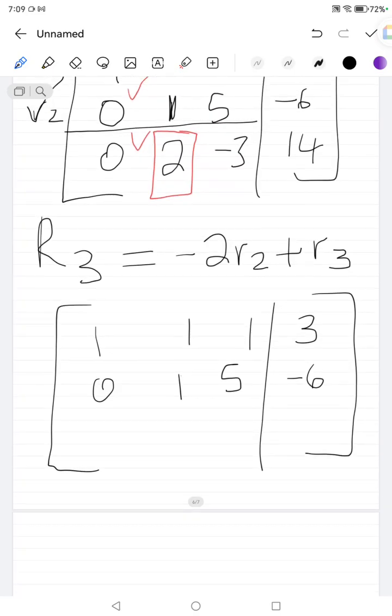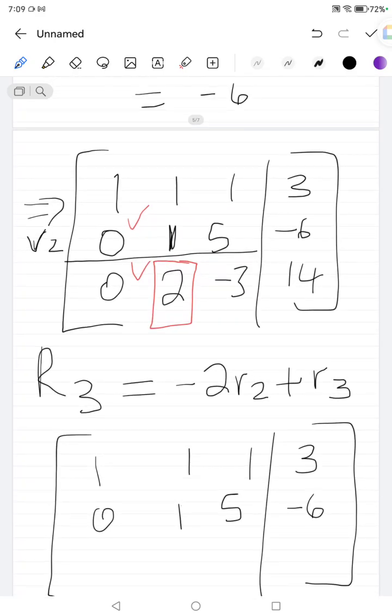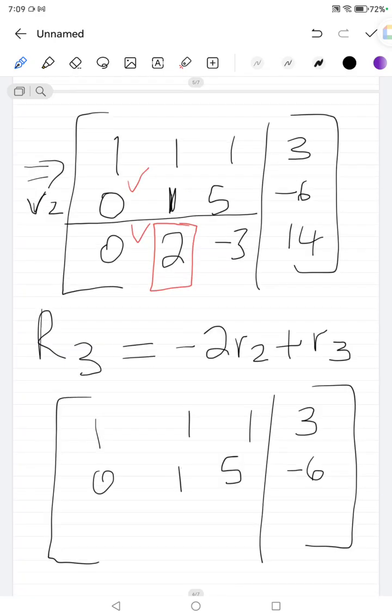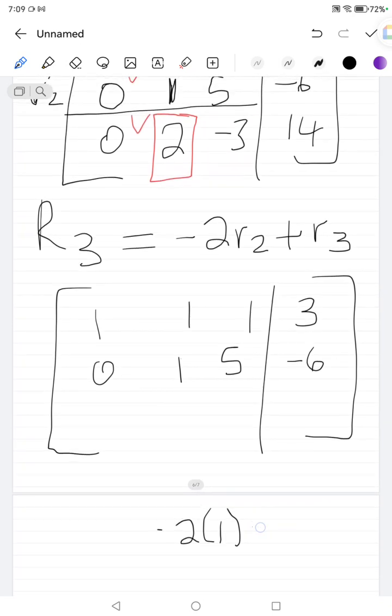Then what do we have? We're going to have minus 2 into your row 2, which is that 1 that you see this side. Then we add it to row 3. But do you have your row 3?